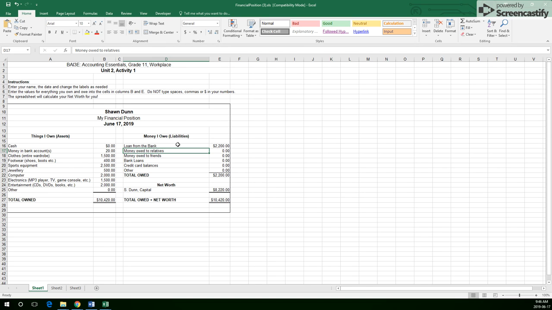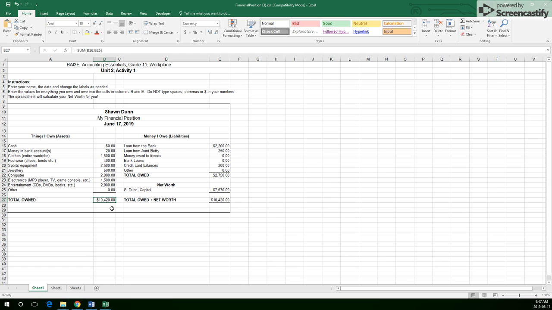I owe a loan from Aunt Betty, which is $250. And I don't have any other loans. Credit card, I guess, yes, that's a loan, so I'll put 300 there. So the total money that I owe is 2,750.